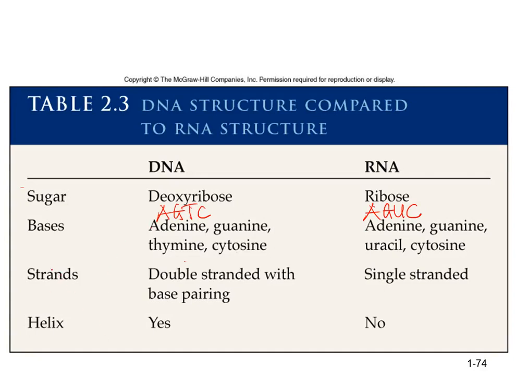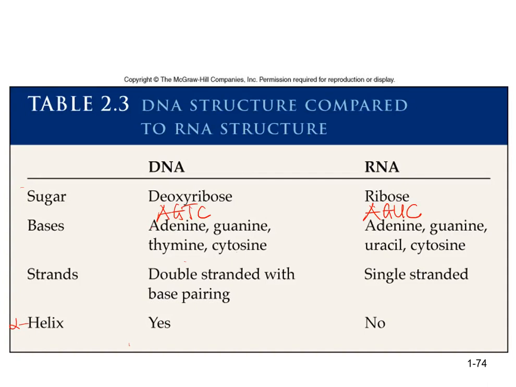The strands, another difference. DNA is double-stranded with base pairing. RNA is single-stranded. Because DNA is double-stranded, it has an alpha helix. RNA does not have an alpha helix. So write down these differences.